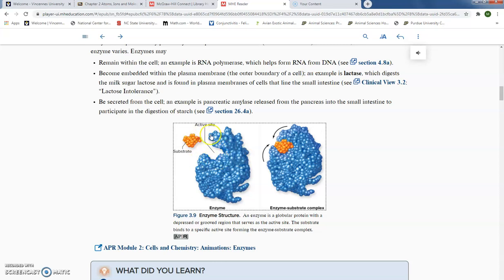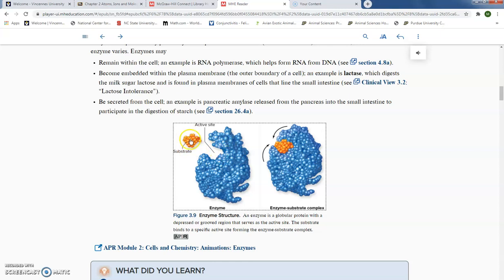Structurally enzymes are all proteins, and another characteristic is that they're very specific. They have this specific shape, so the only chemical reaction they can catalyze or speed up is the one where the substrate or reactants match the shape of the active site and fit in there nicely.